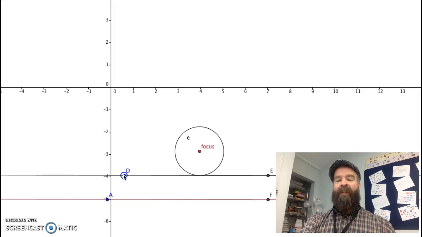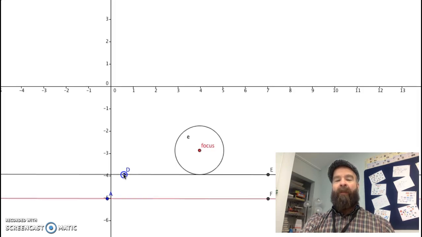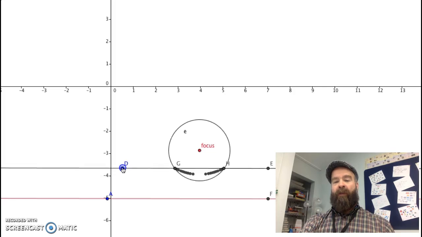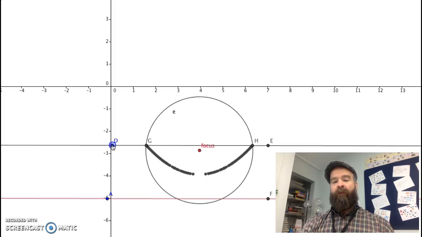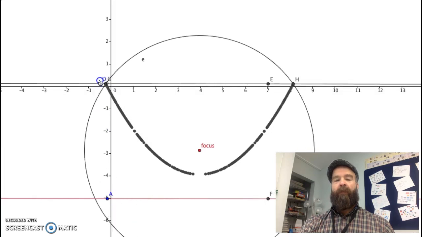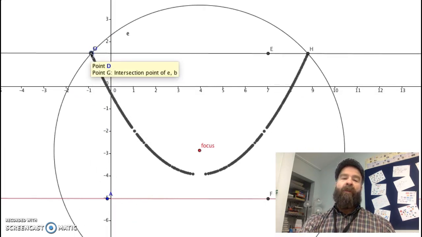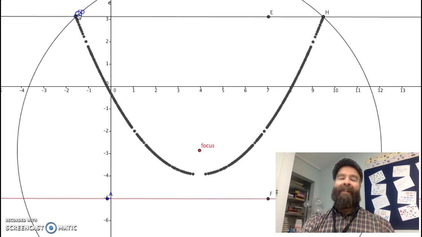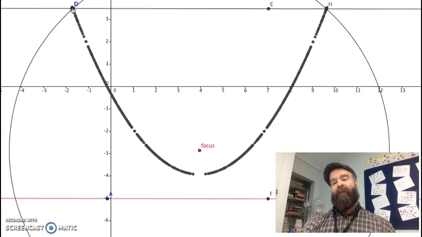I'm going to increase the distance of the point from the directrix, and as I do it, the circle is going to grow larger, and it's going to mark the intersection points between those two. So you see, as I drag that, you get that classic parabola shape.